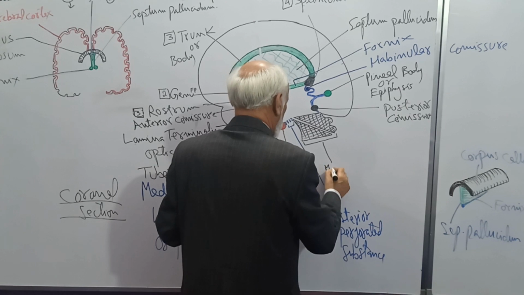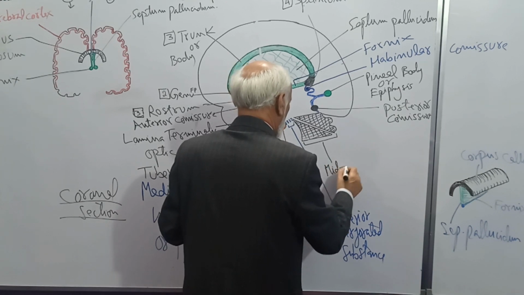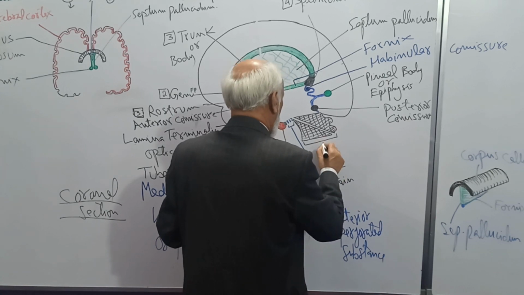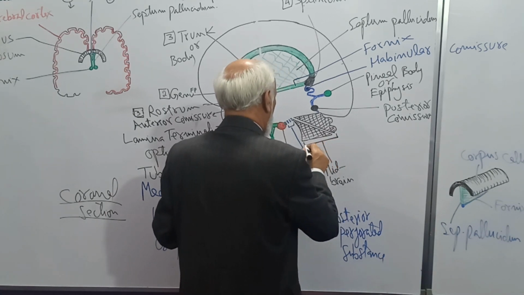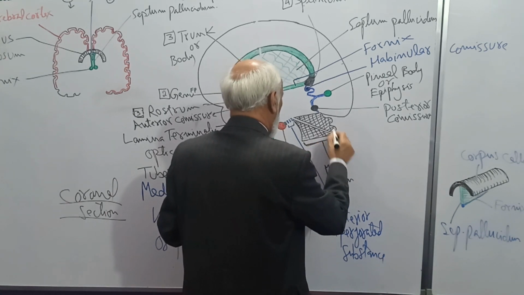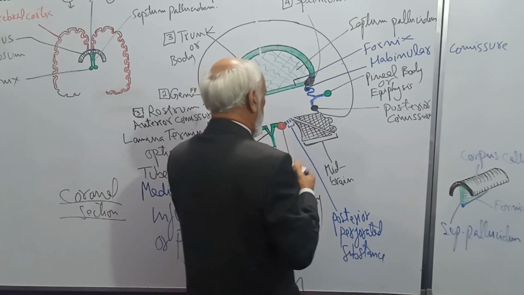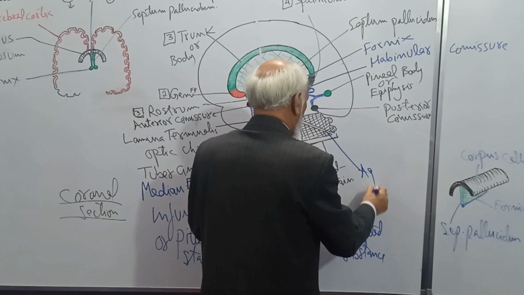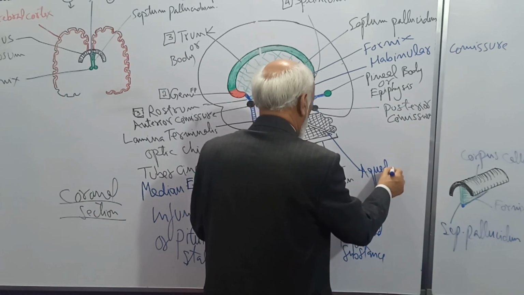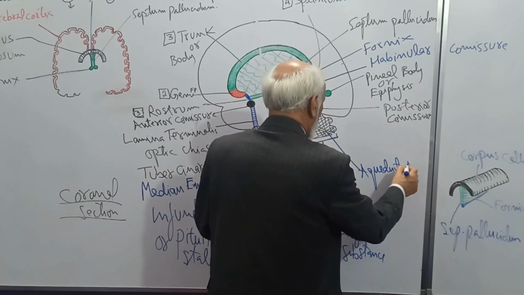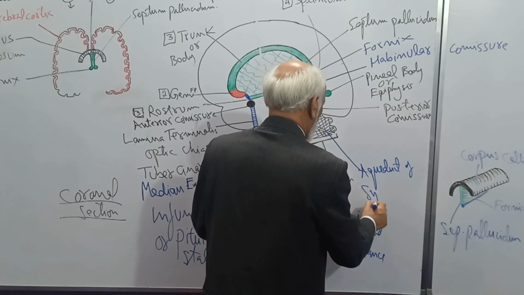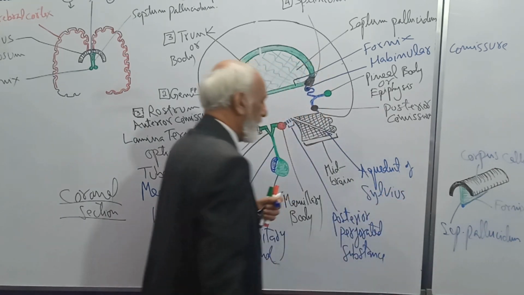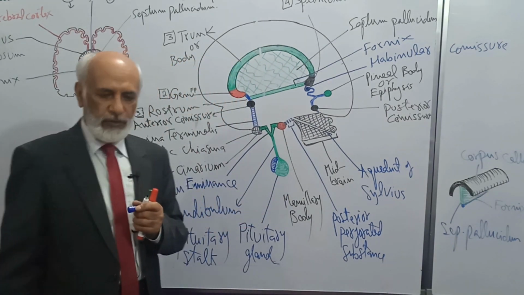A longitudinal section through the midbrain, and this is the aqueduct of Sylvius, which connects the third with the fourth ventricle.